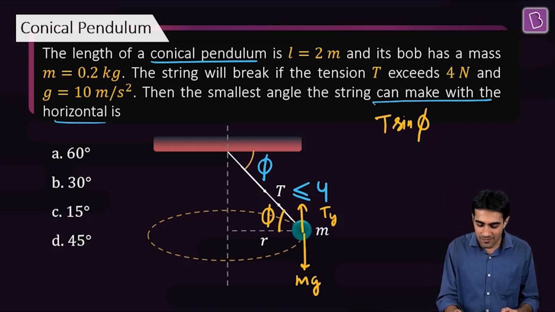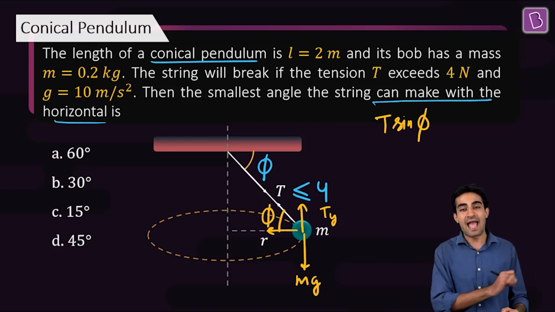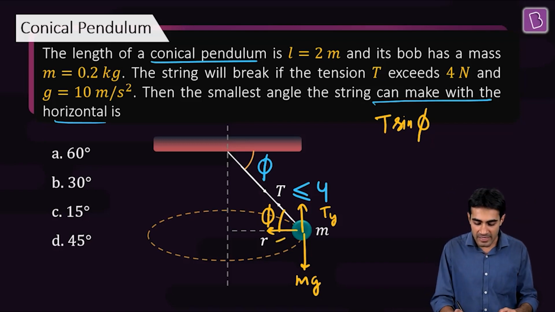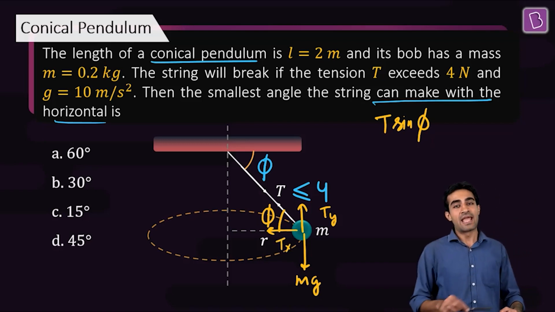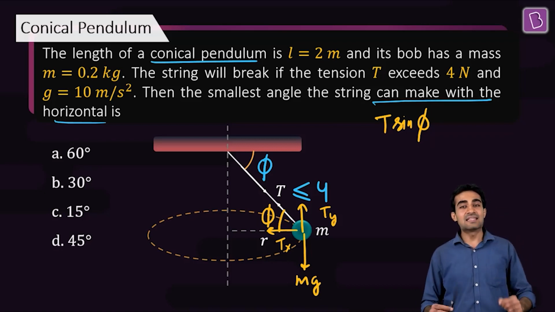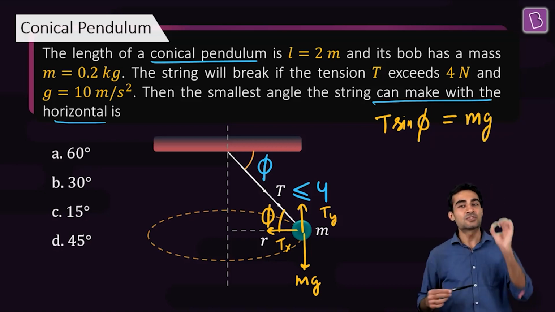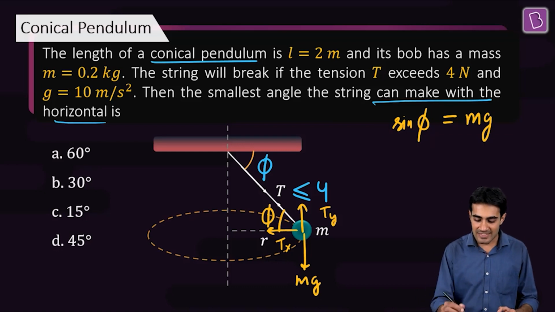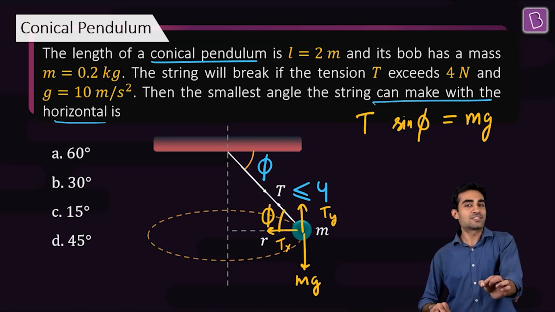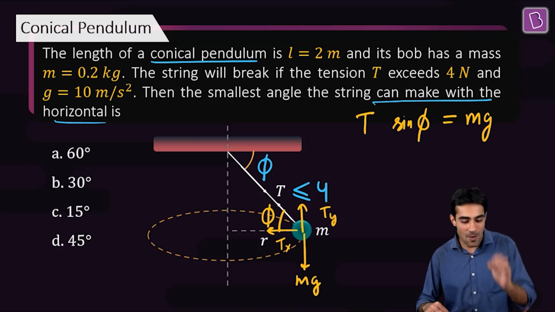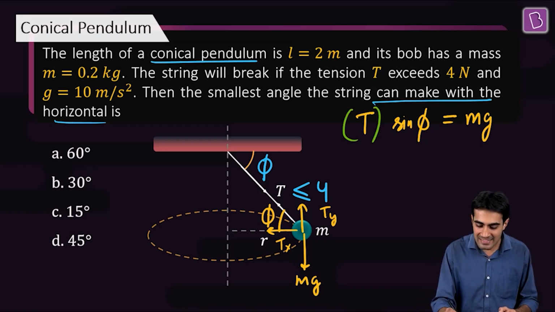Yes. And there will be another component of tension, Tx, but we are not concerned with Tx at all. Now, Ty is T sine phi. This is balancing out mg. So, T times sine phi is a constant. mg is a constant.